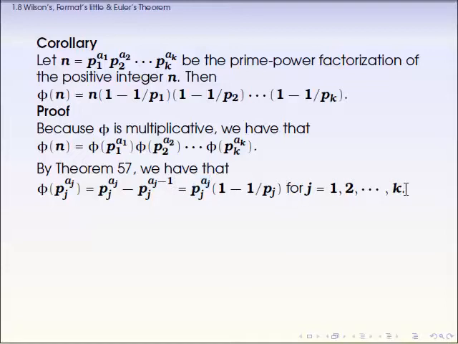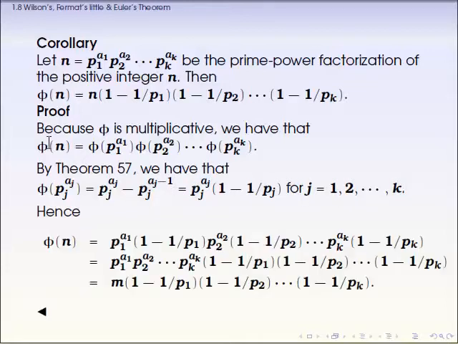And the only reason why you want to do that is that phi of n is a product of these numbers, and each one of them looks like that. So it's a product of that number from this and that from here and up to this much, right? Then we can collect this p1 to the a1 times p2 to the a2 up to pk to the ak in front of it, and put all these 1 minus 1 over p1, 1 minus 1 over p2 later, like that.